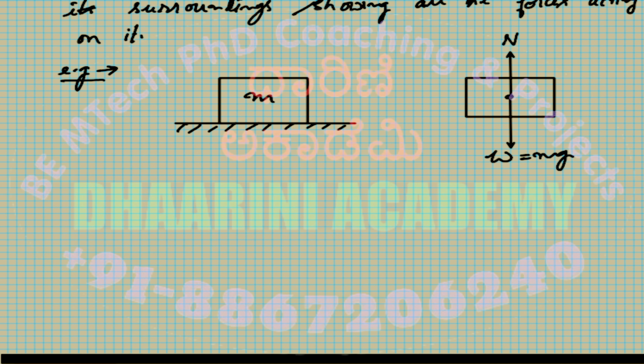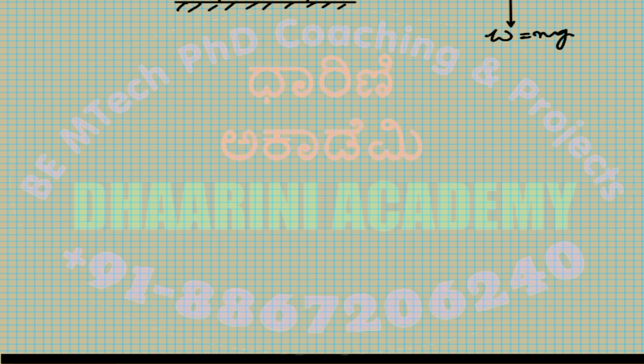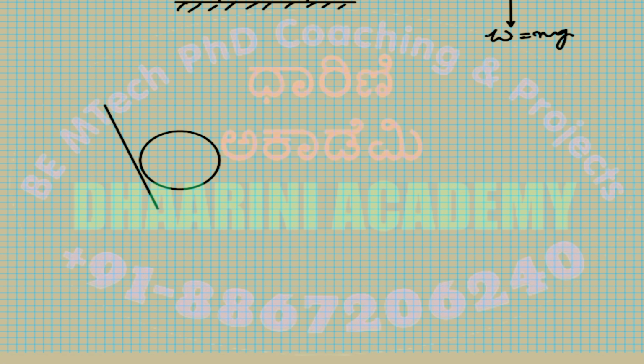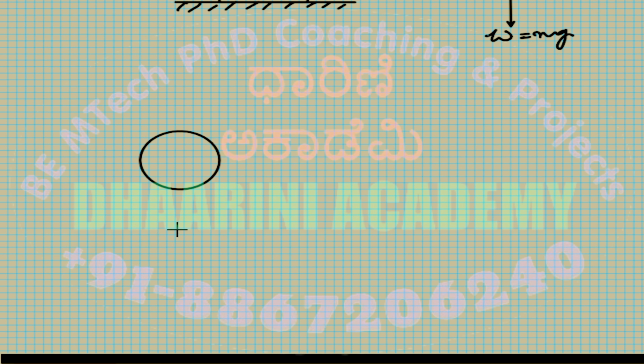Example number 2 is, okay, there is an object like this. Okay, let us assume that this particular body is getting contacted at two different surfaces, right?